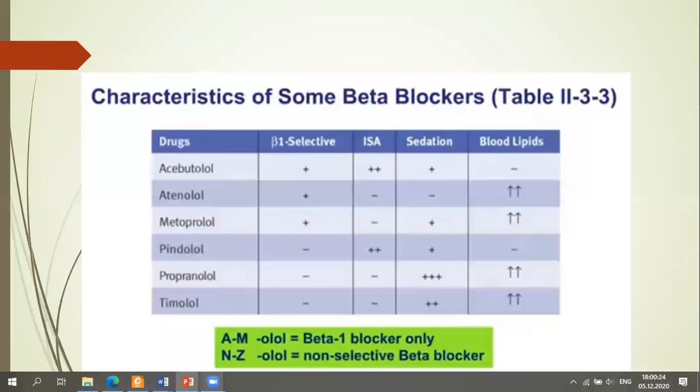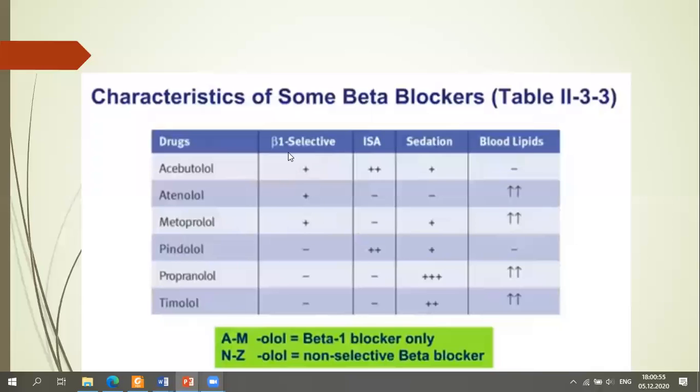Characteristics of some beta blockers. So beta 1 selective blockers, we can find them from A to M, and they all end up with olol, okay? If they are all starting from A to M, it means that they are only beta 1 blockers, okay?